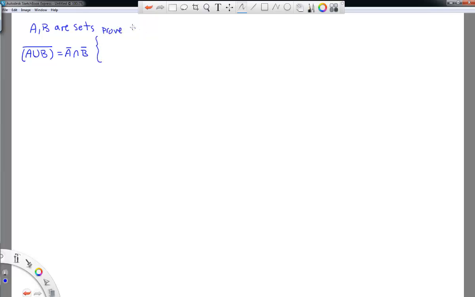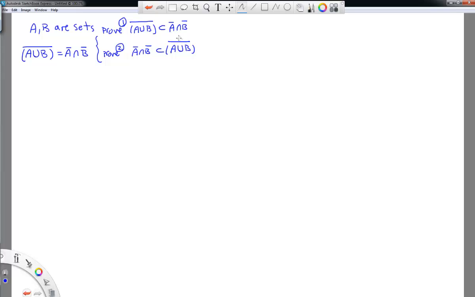Prove that the complement of A union B is a subset of A complement intersect with B complement. So this is proof number one. And then I also need to prove number two, that A complement intersect with B complement is also a subset of the complement of A union B. So I need to make these two proofs to be able to show that.